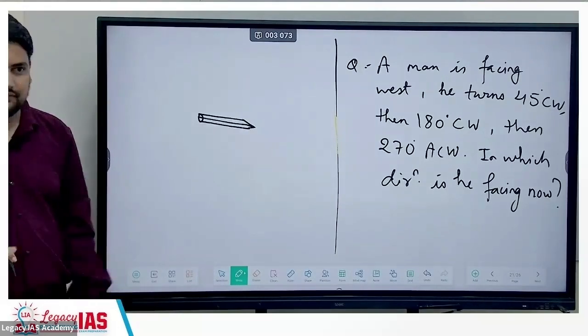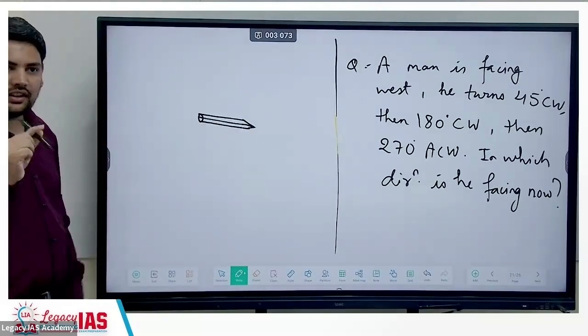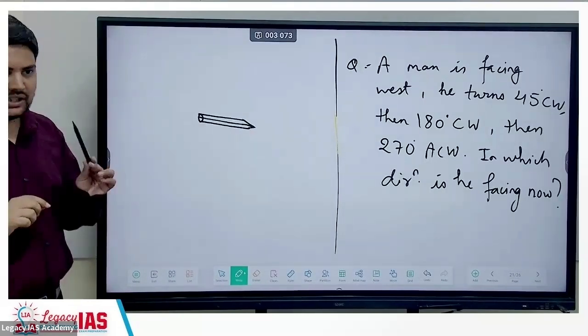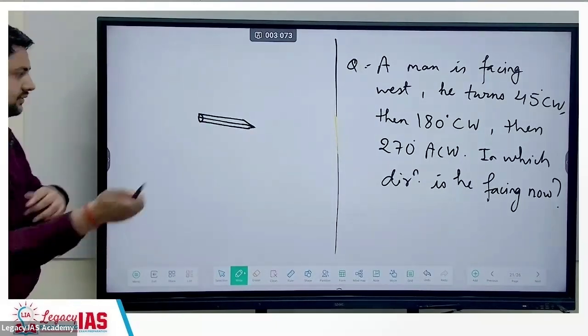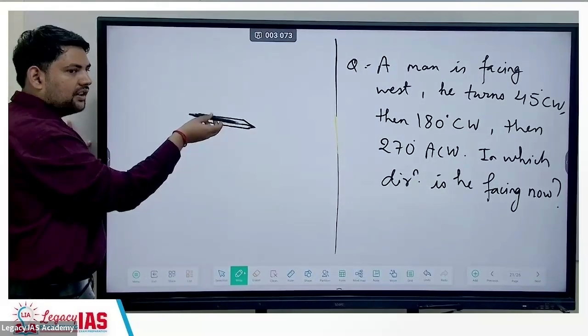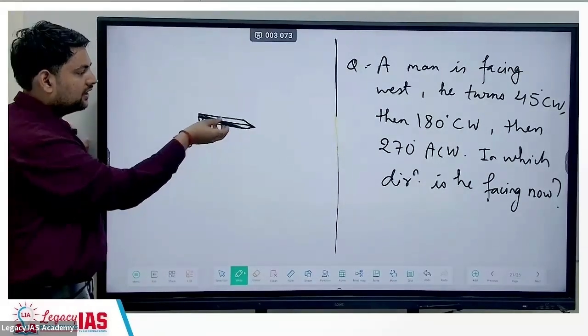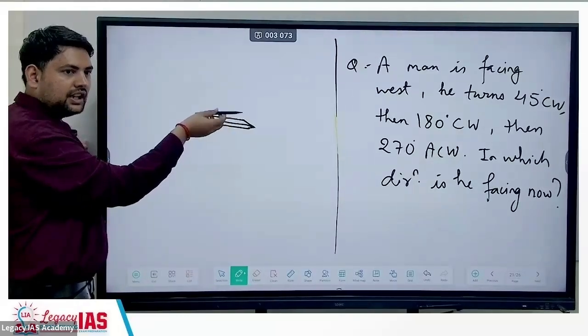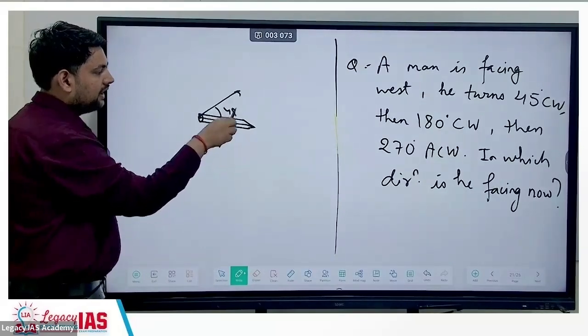This is a pen. This also is a pen. Now we will be taking angle between two pens. This pen is stationary, this one will move. Now I say, let's say they start from the same point. I rotate, I make angle between them 45 degree. So I go like this, 45 degree anti-clockwise, I'll reach somewhere here, 45 degree.